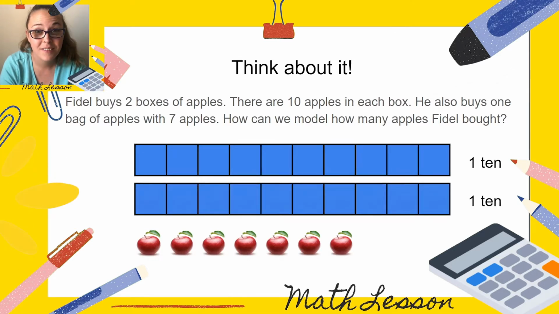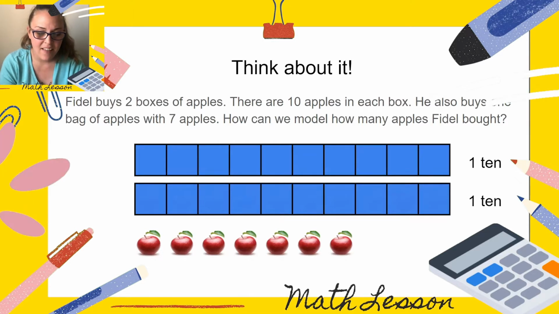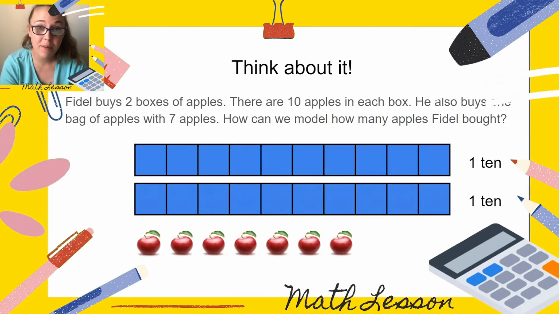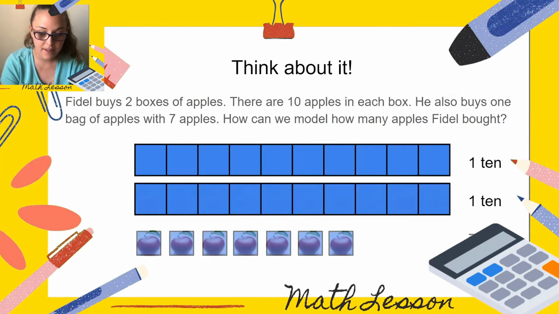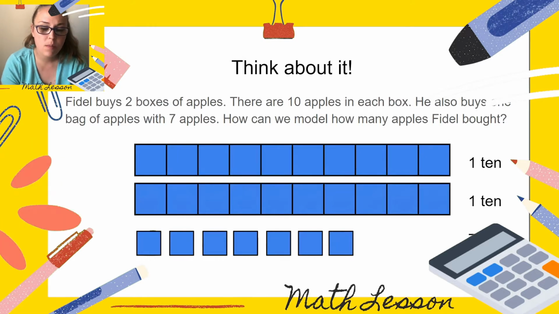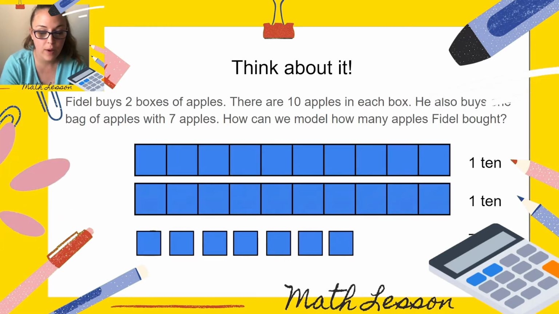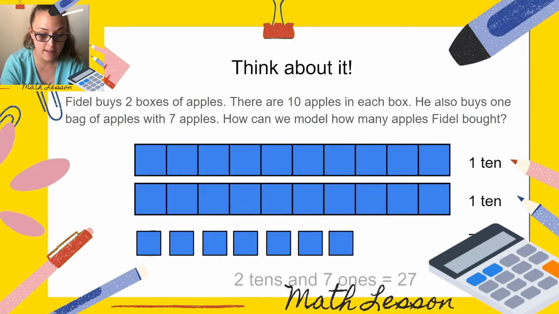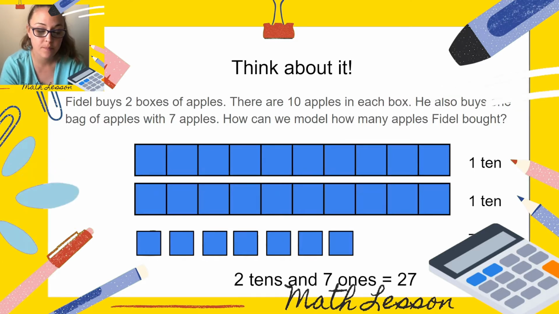That's right, a 10. And then the apples on the bottom, do you remember how many were in the extra 10 frame? That's right, there are 7 ones in that row. So modeling this way gives us a different way to look at the same number, 27, as 2 10s and 7 ones.